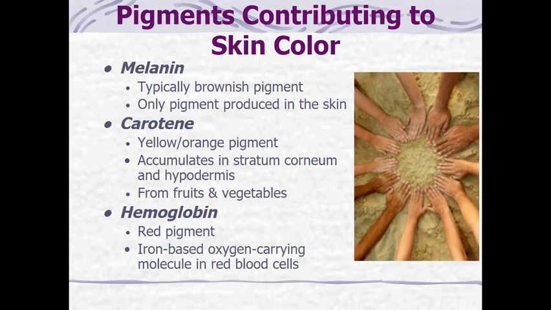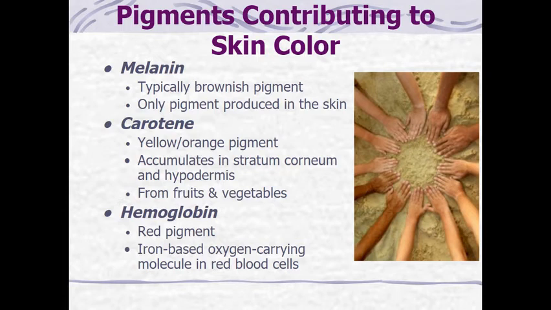The third pigment is hemoglobin. Hemoglobin is the red pigment that comes from the iron that's in the hemoglobin molecules, and hemoglobin carries oxygen in our blood. This is more of a contributor for individuals with light skin than with dark skin, and that's just because less melanin means that the lighter your skin is, we're going to see more of that red come through to the surface.